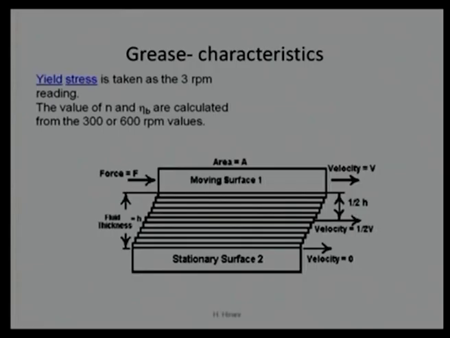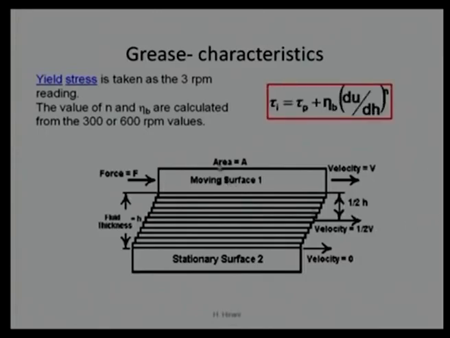To give more emphasis on grease characterization, I can take the same example which we took in the previous lecture when we defined viscosity. There is always one moving surface and a stationary surface, and grease also shows a similar kind of layer structure, which can be removed layer by layer. Now, to find the initial tau p, we need to experiment in a rheometer.